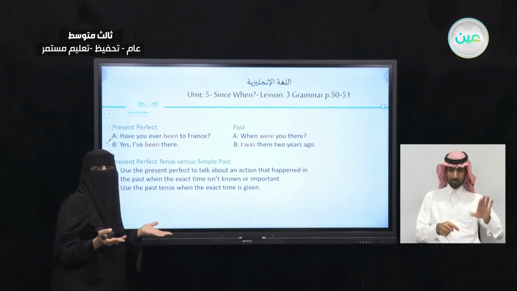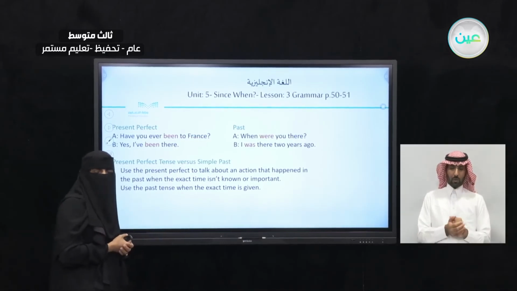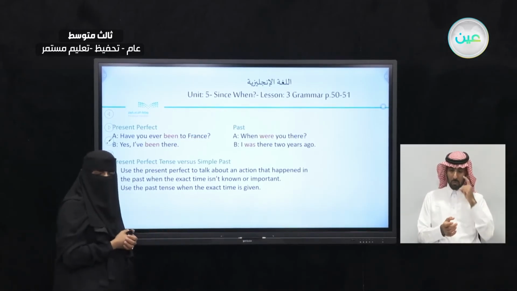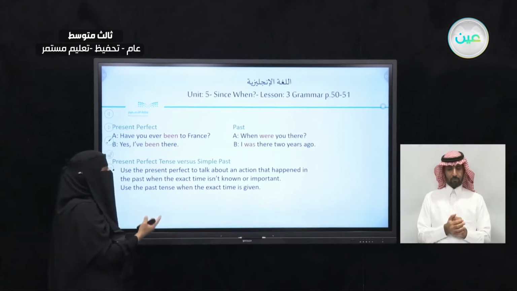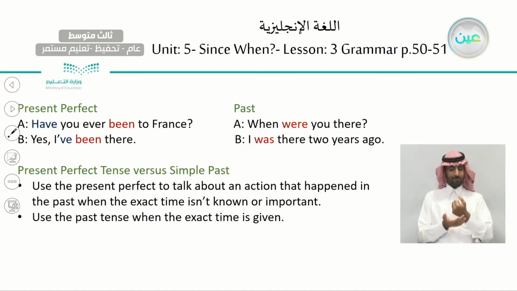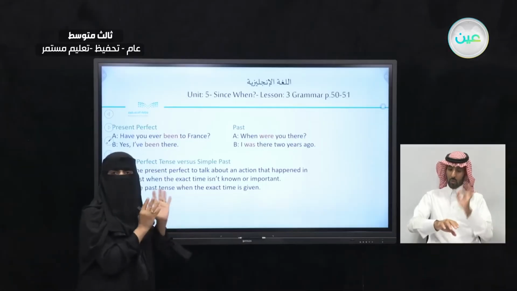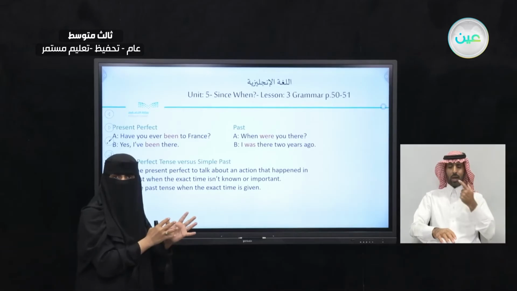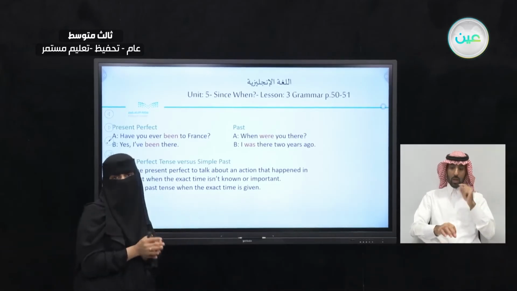The time isn't important for us to mention, okay? We're focusing on the action only. That's why we don't mention it, and we use the present perfect. We use the past tense when the exact time is given. When you see a time, yesterday, last year, automatically you use the past tense, okay?